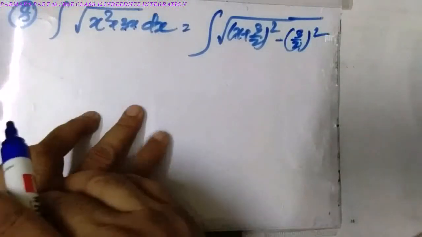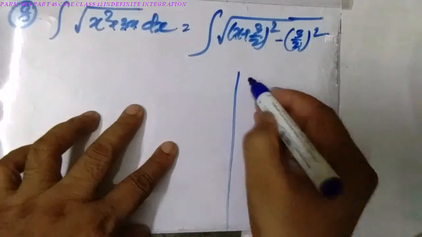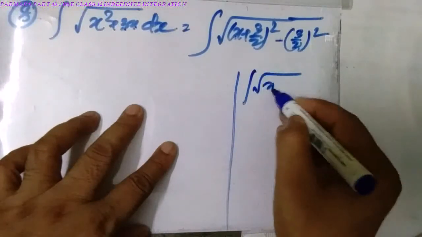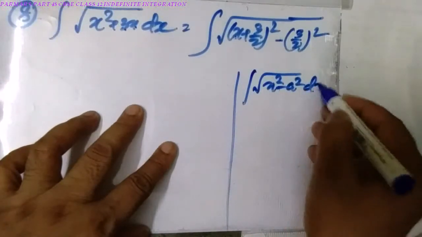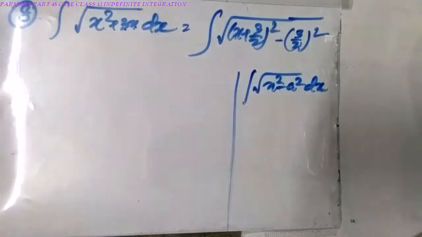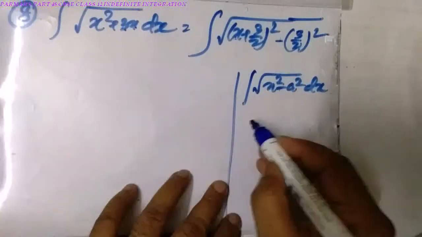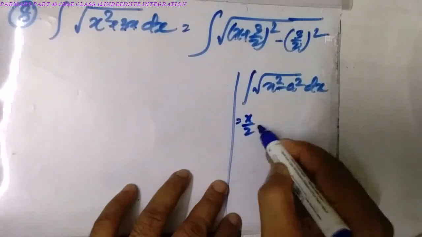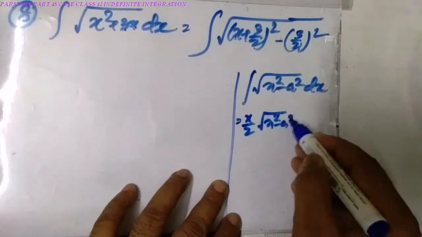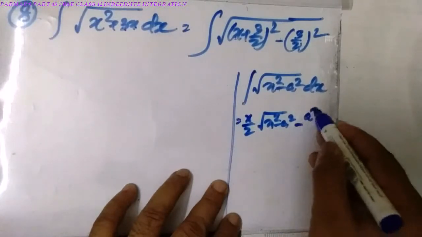So now we are left with the integral of root under x square minus a square dx. What is the integral of root under x square minus a square dx? This is x by 2 root under x square minus a square, and now here it is minus a square by 2.